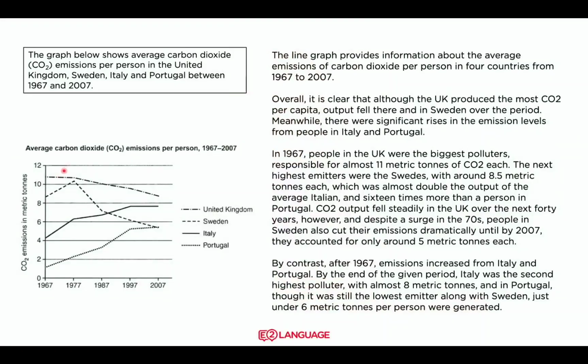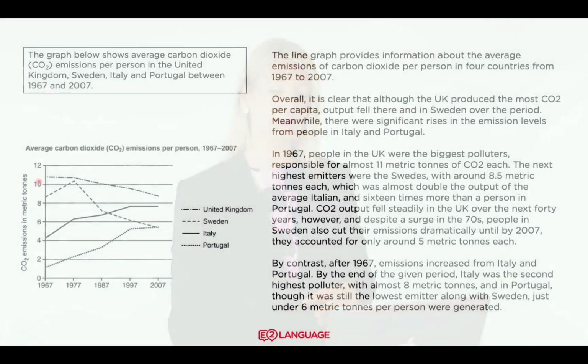So what happened in 1967? That's the beginning of key features 1. Then I take the top 2. So I'm looking here at trends. Remember that 2 of the trends are up and 2 of the trends are down. So I've followed the UK and Sweden to the end of the period. So starting position of everything and then follow one of the trends.